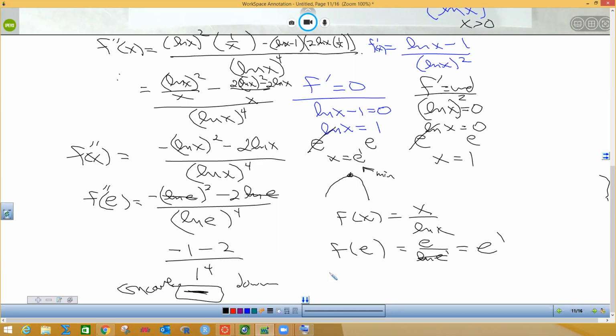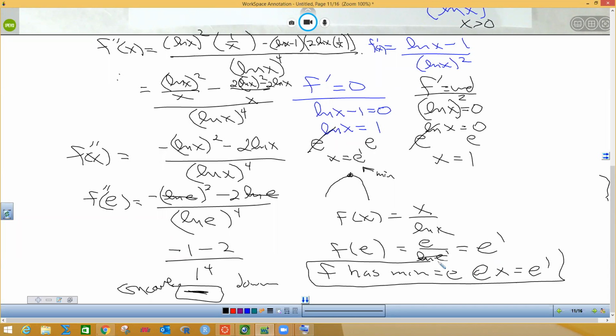So f has a minimum equal to e at x equals e. And then you would say my second derivative test, because we did the second derivative test right over here.